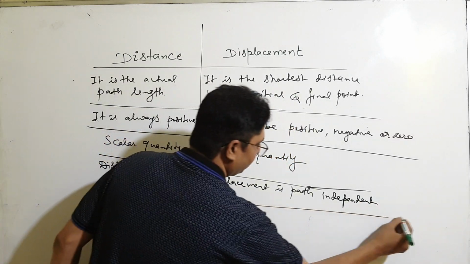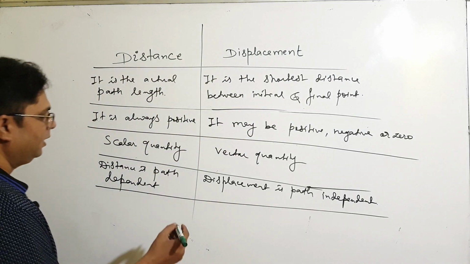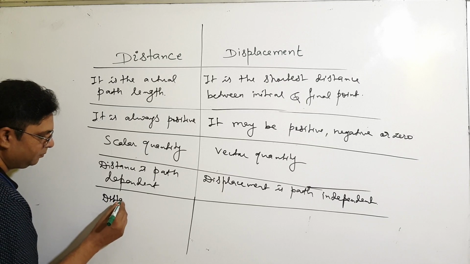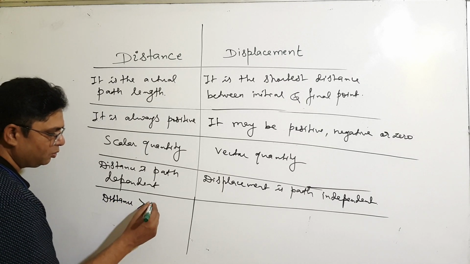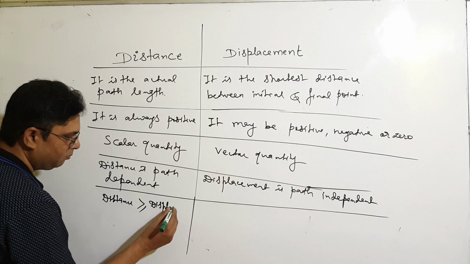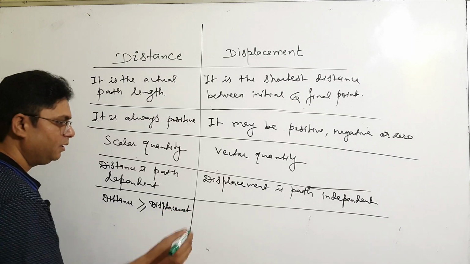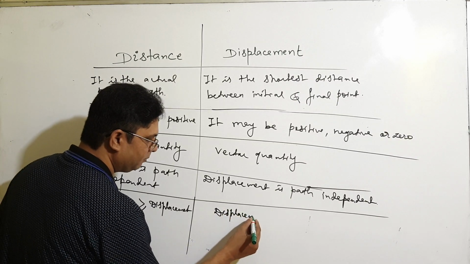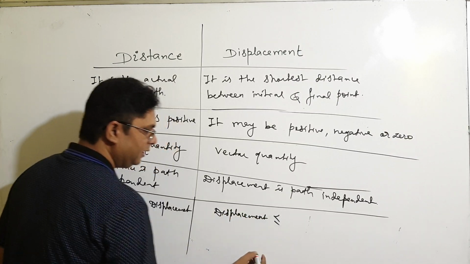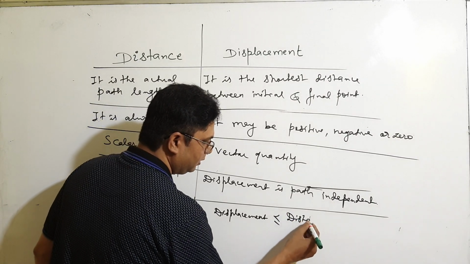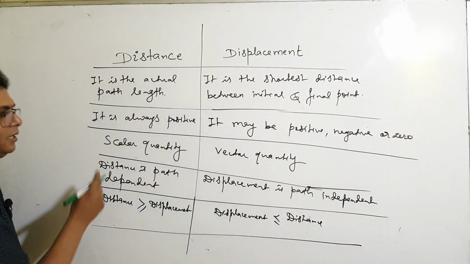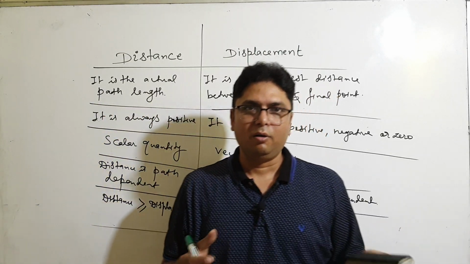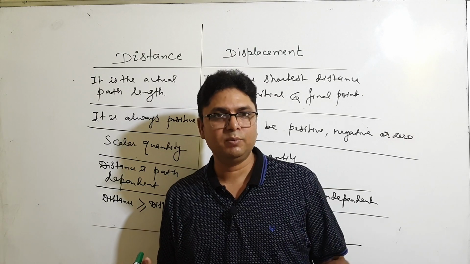Now one more important difference is that when you talk about distance, distance is greater than or equal to displacement. So you write that displacement is less than or equal to distance. These are the differences between distance and displacement. You have learned what is the difference between distance and displacement.